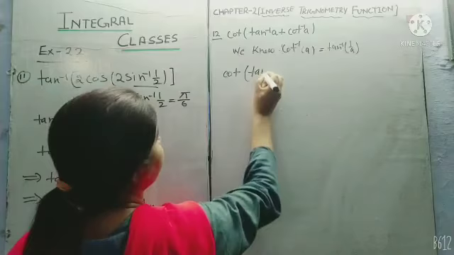So sin 30 equals 1 by 2. Cos 60 is also 1 by 2. So here we will replace it with 1 by 2. The 2 is cancelled. Now we will get tan inverse 1, and we know that tan inverse 1 is pi by 4. So the answer is pi by 4.